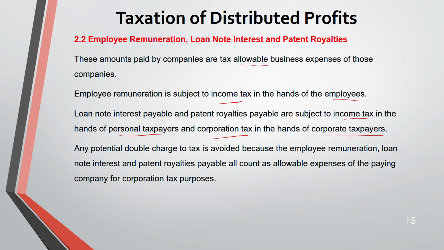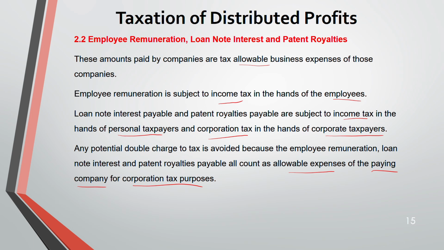Why? Because employee remuneration, loan note interest, and patent royalties payable all count as allowable expenses of the paying company for corporation tax purposes. For corporation tax purposes, remember, if these are incurred by the company, they are all deducted as an expense. For the company you deduct employee remuneration as an expense, but it is chargeable to income tax in the hands of the employee.